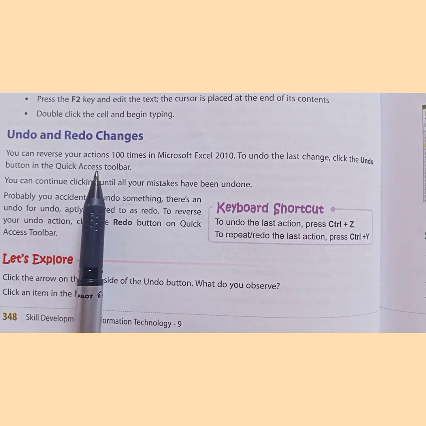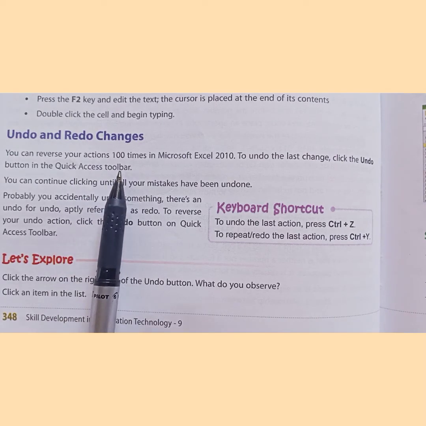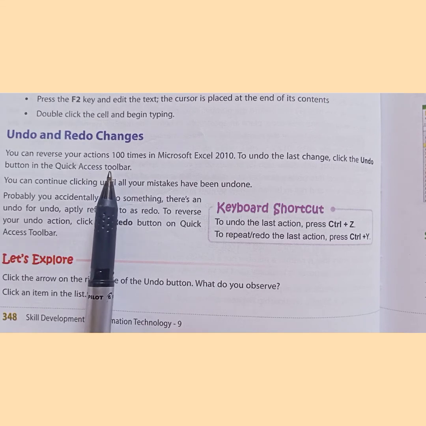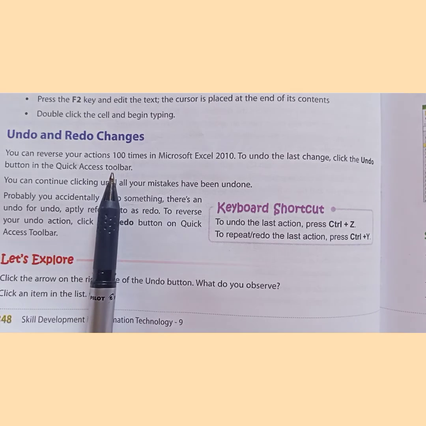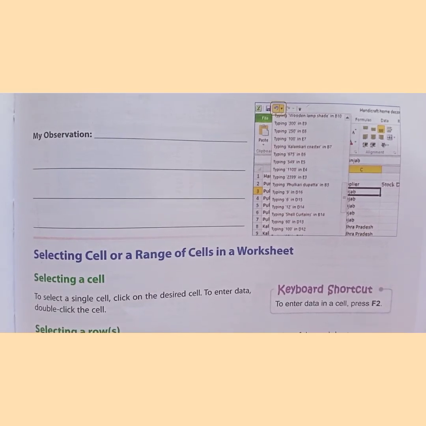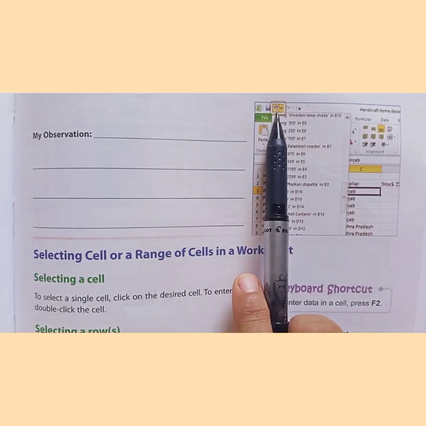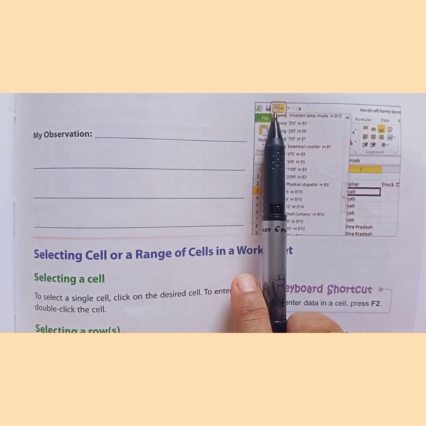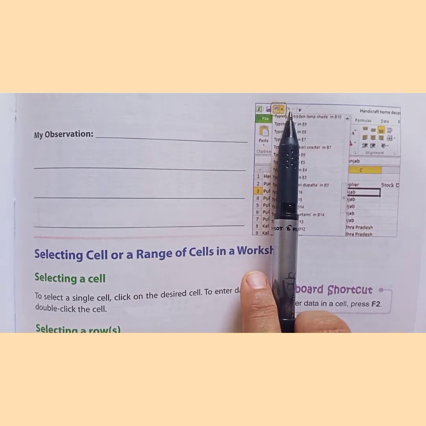One has to go and click on the quick access toolbar. As soon as we click on the quick access toolbar, we will be shown the undo and redo icons. These undo and redo icons look like this. This is undo and this one which is hidden is the redo.